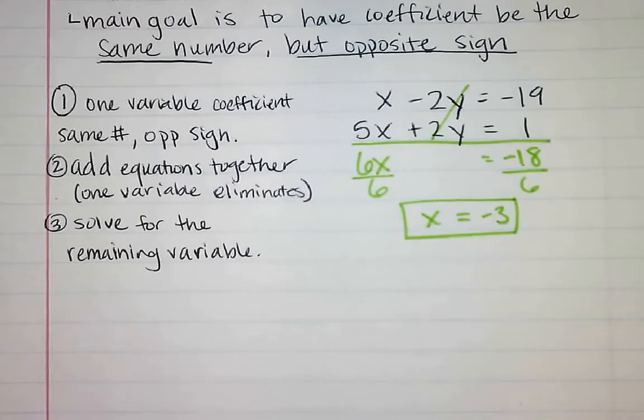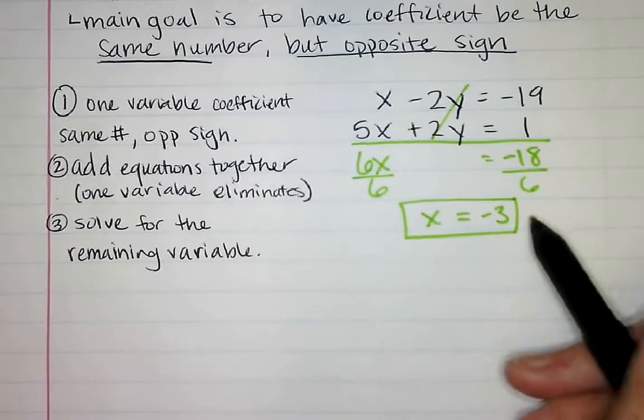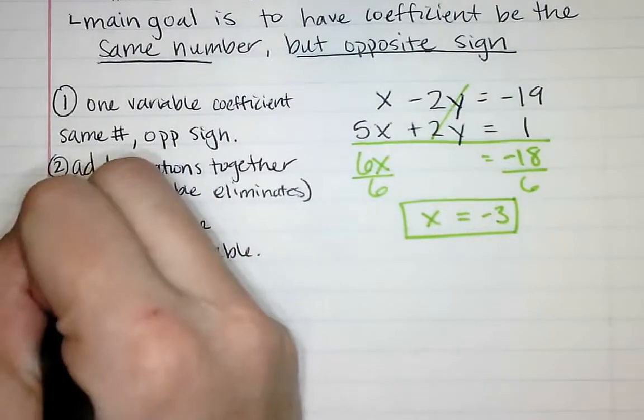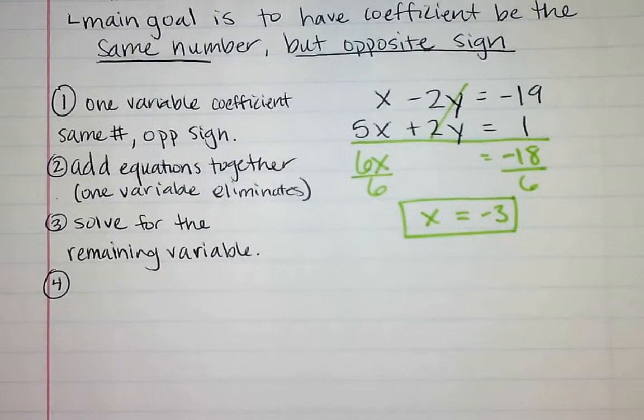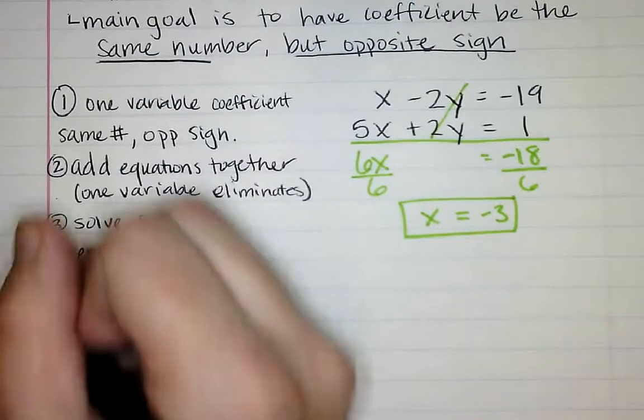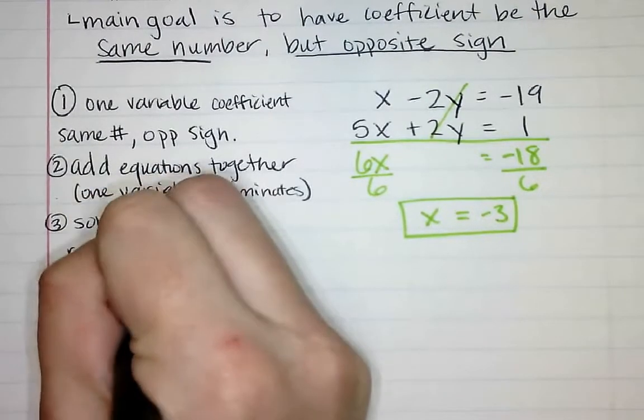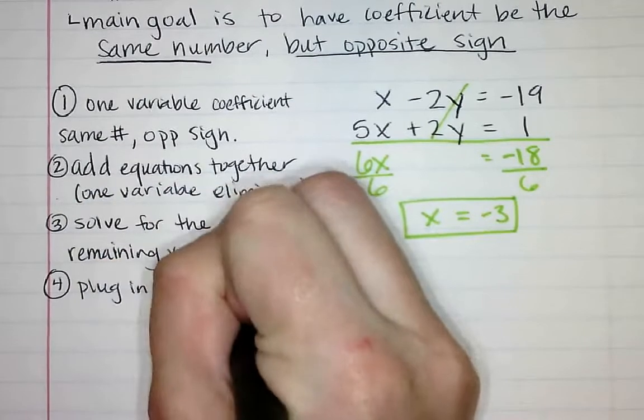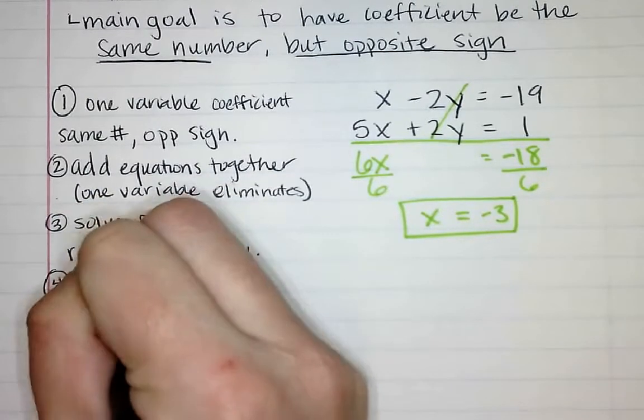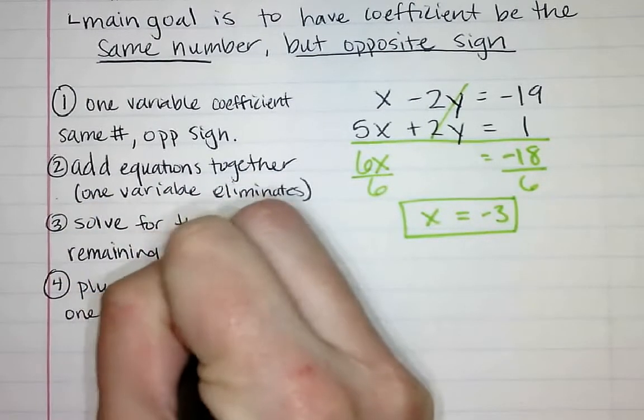Once you have this new value, what do you think we need to do to find our y value? Yeah, you plug the value into one of the original equations.